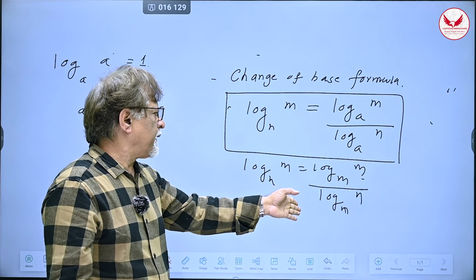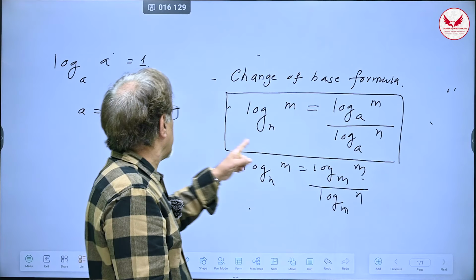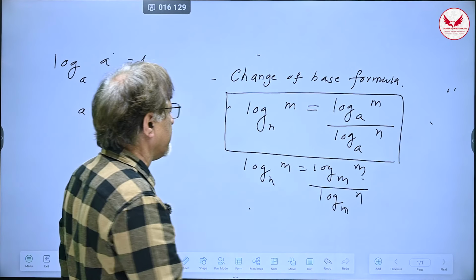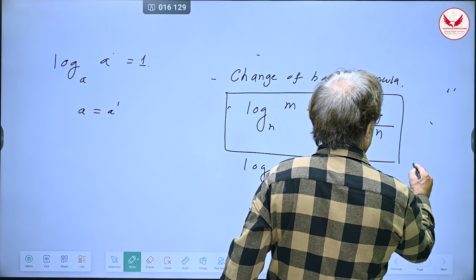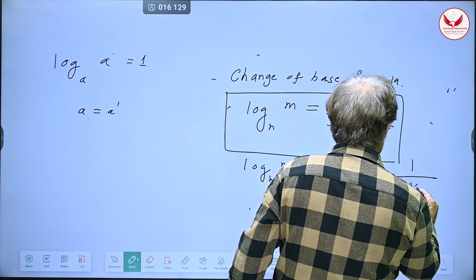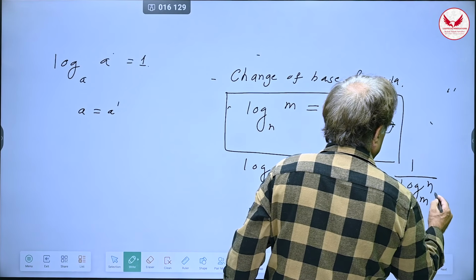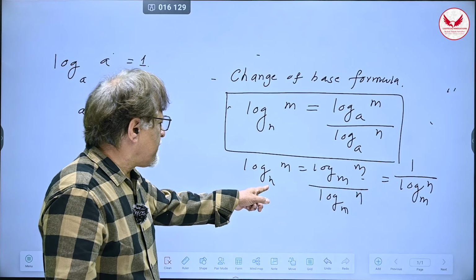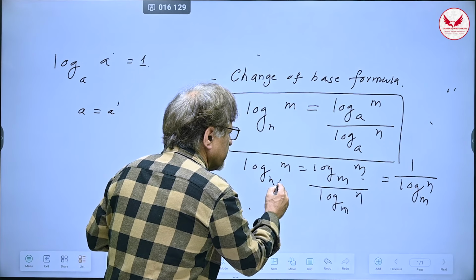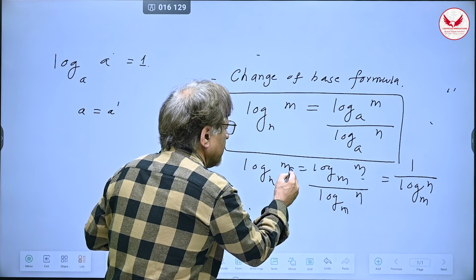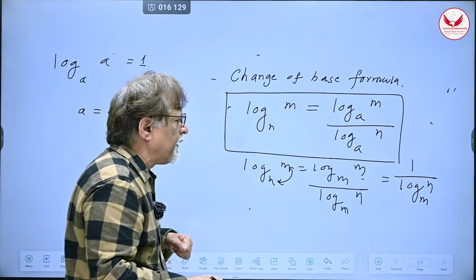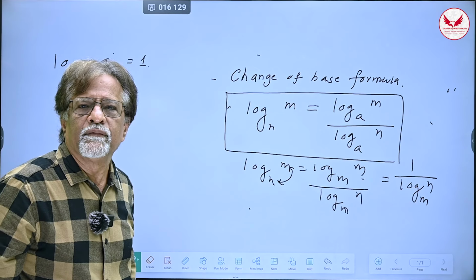According to this law. But log of m to the base m, as we have seen here, is always 1. So therefore, this becomes 1 upon log of n to the base m. So if you interchange these two things, m comes here and n goes there, then you are taking the reciprocal, okay?